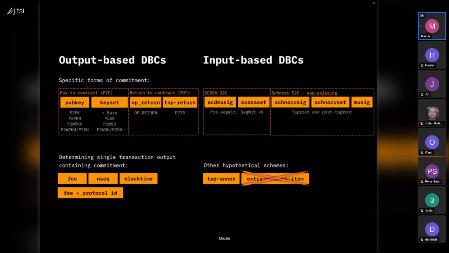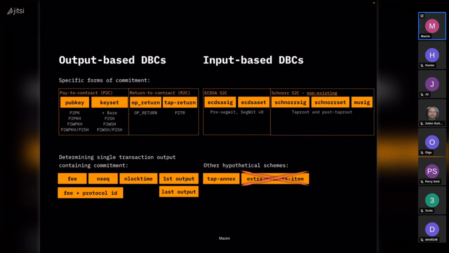We can also overload the meaning of some bits in sequence or in locktime numbers. Or we can stick to a protocol that says that the commitment is always located in the first or the last output of the transaction. So these are all the possible options that we have on the table to do deterministic Bitcoin commitments.